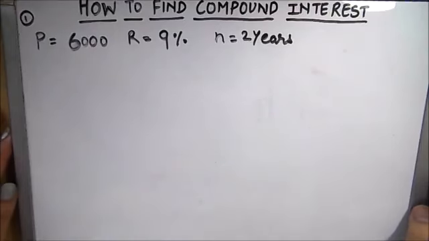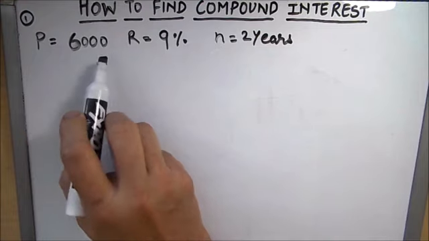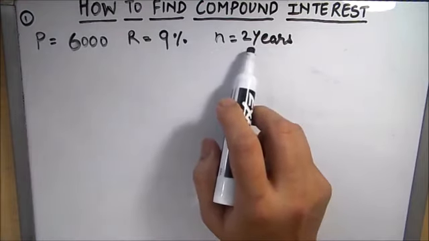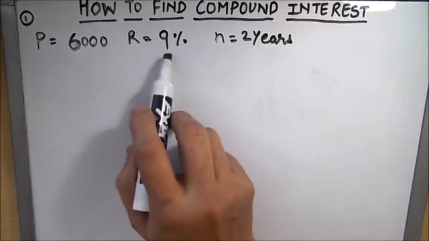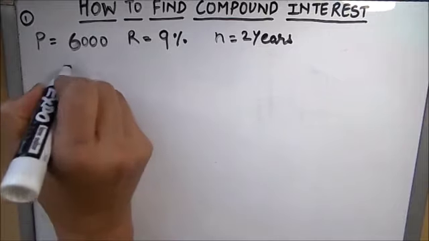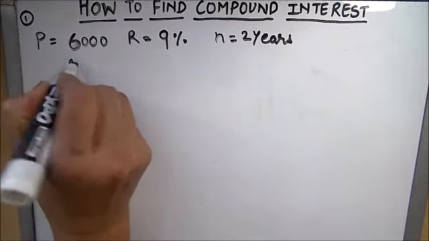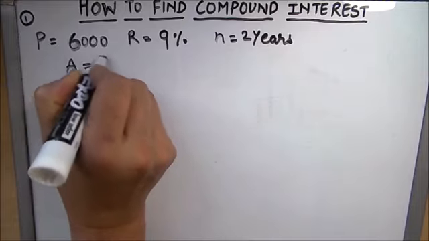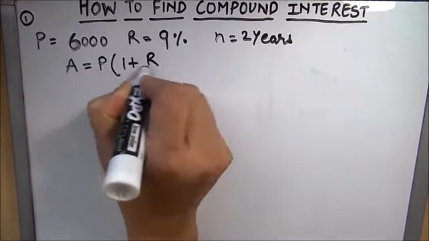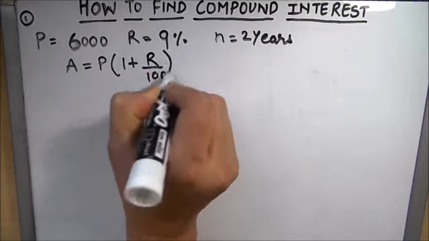Let's solve our first example where our principal amount is 6,000 rupees and it is being compounded for 2 years with a rate of interest of 9% annually. We need to find the compound interest here. We'll use the formula for amount first, which is A is equal to P times (1 plus r over 100) raised to power n.